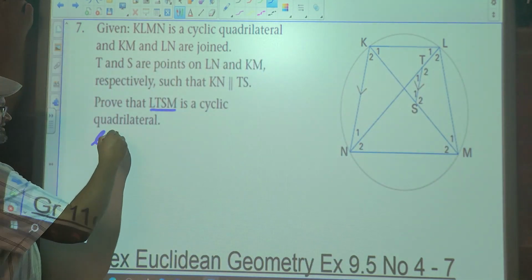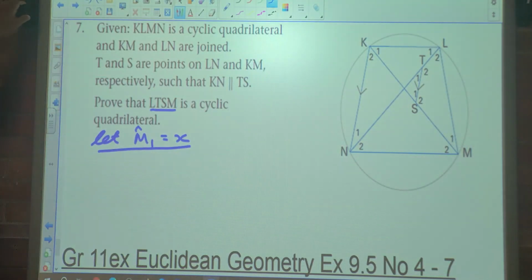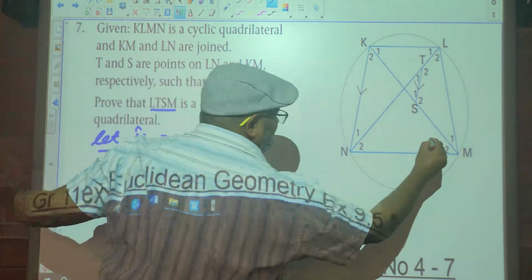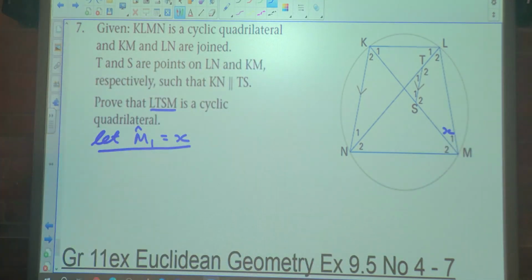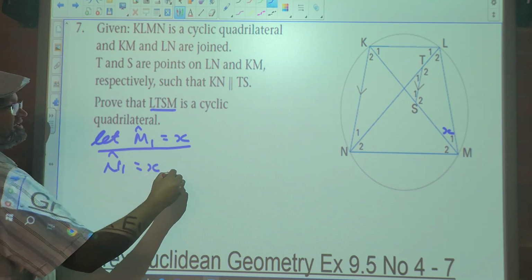So we say let M1 be x. Right. So which other angle is equal to x? N1 is. So N1 is equal to x. Why?